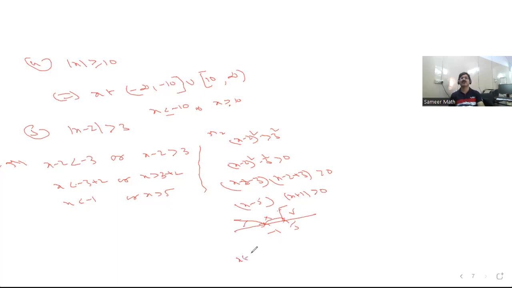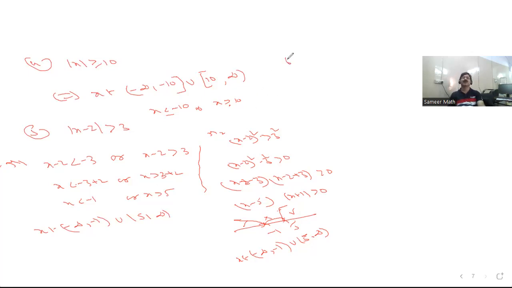So the answer is x belongs to minus infinity to minus 1, open interval, and 5 to infinity. I got the same thing. Same story: minus infinity to minus 1, union 5 to infinity. You do it like this or this, no matter. Doing is very, very important.